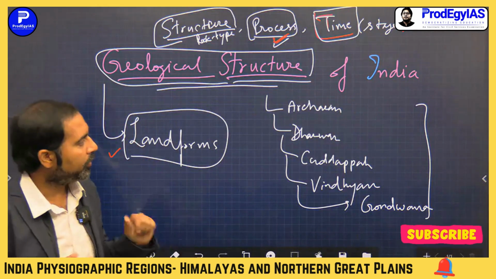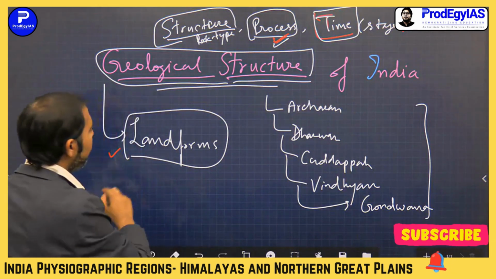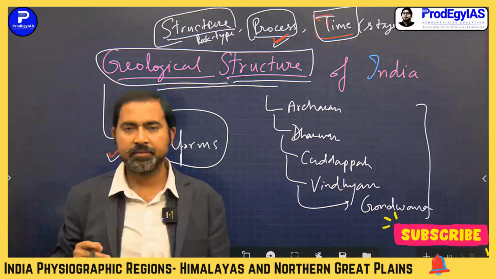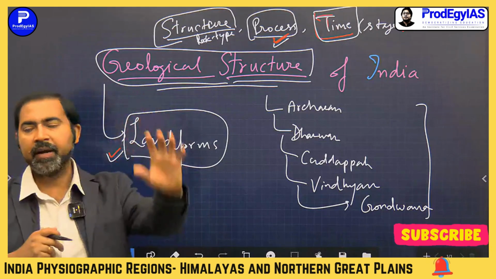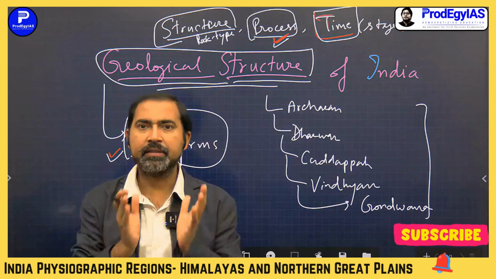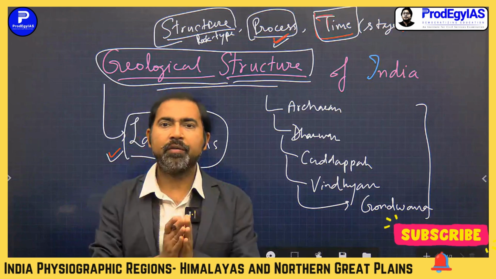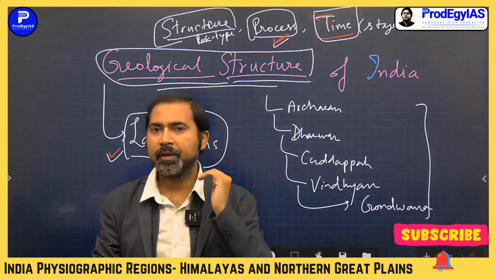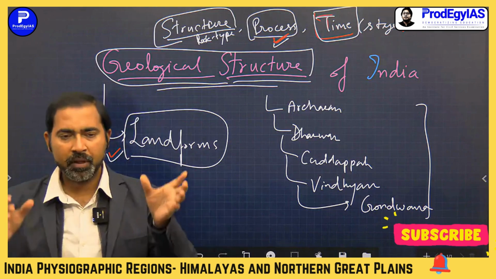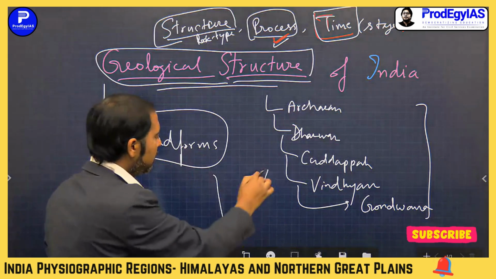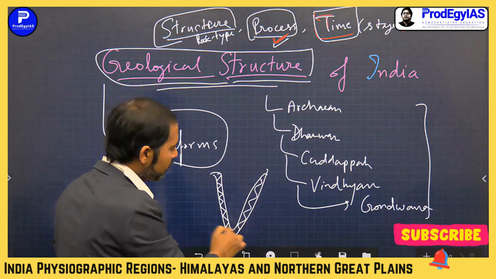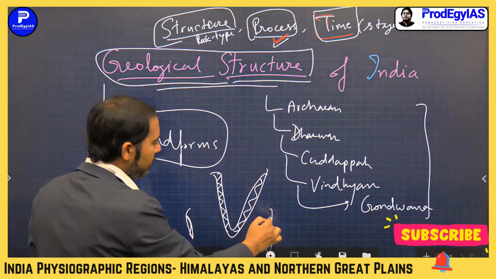to be formed, right? So in today's class, we are going to discuss the different physiographic divisions. First we will divide the whole Indian subcontinent into different physiographic regions. Major physiographic regions like northern mountains, Great Northern Plains, then Peninsular Plateau, then on both sides of India the coastal plains, and here islands.